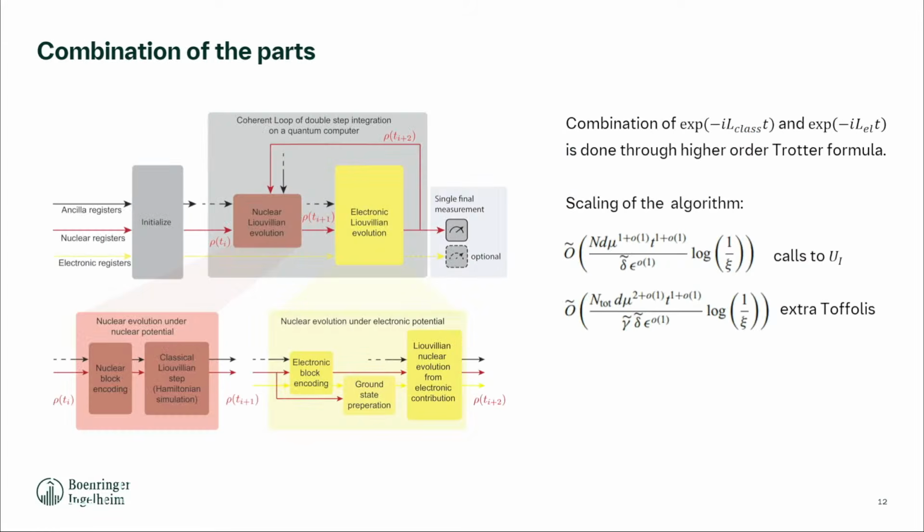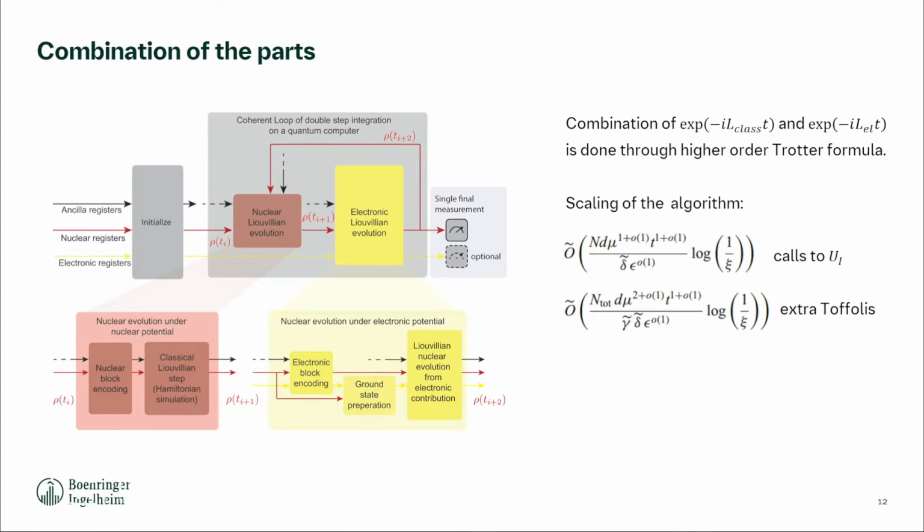Now you have e to the iL classical and e to the iL electron, so you now need to combine them. What we do there is split this time into smaller intervals and do a higher order Trotter expansion to lower the error as best as we can.